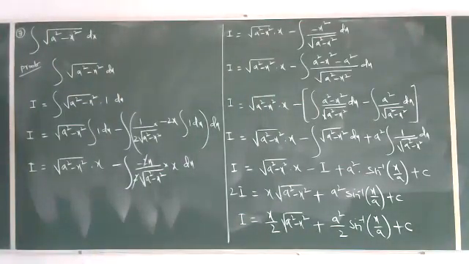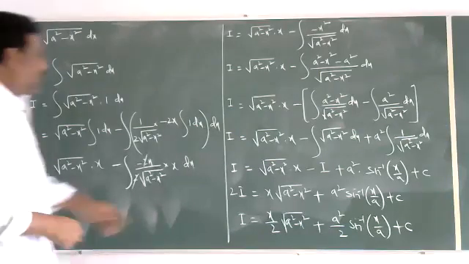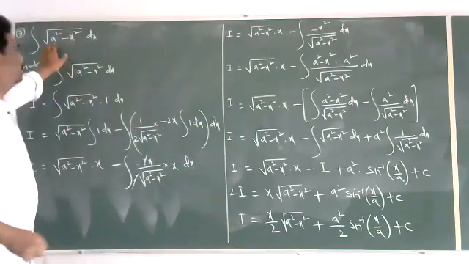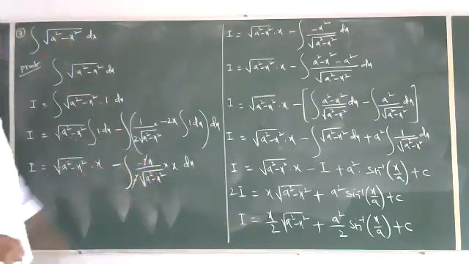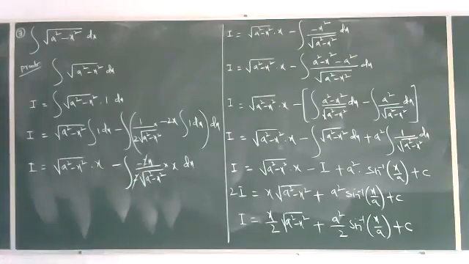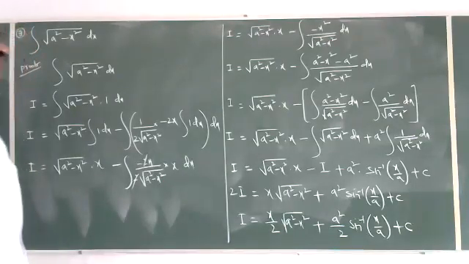That is the formula. What is I here? I is this. So integration of root of a square minus x square is equal to x by 2 into root of a square minus x square plus a square by 2 into sin inverse x by a plus c.